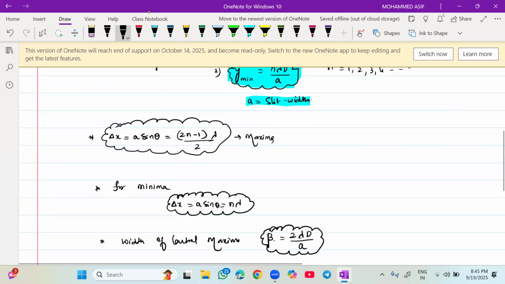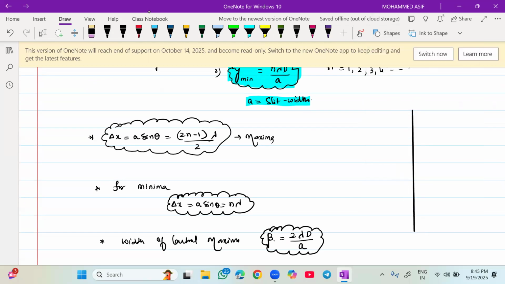If I explain with the help of a diagram, it is better. It is a single slit experiment. I'll just draw the screen here. This one is your screen, and in front of that we are keeping a small opening, a slit. From here, the ray of light is incident on the surface.